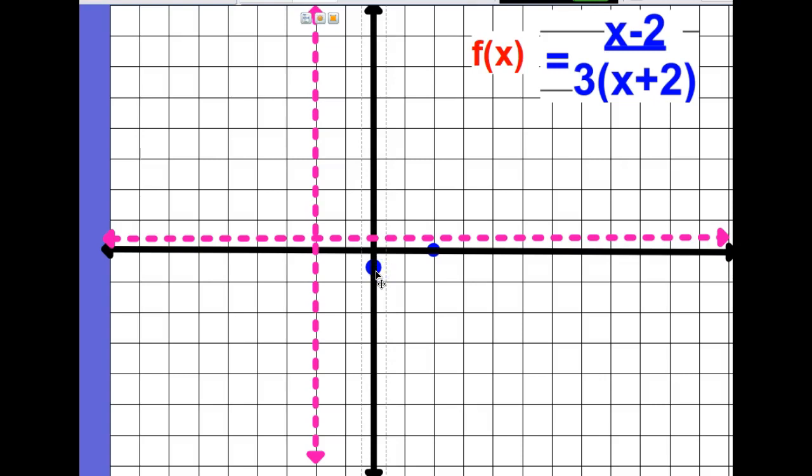If I want to make a little bit more accurate graph, I could calculate another point on my graph. That's what the table is. So I could figure out f of -4.